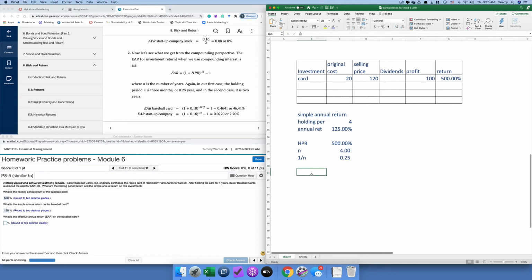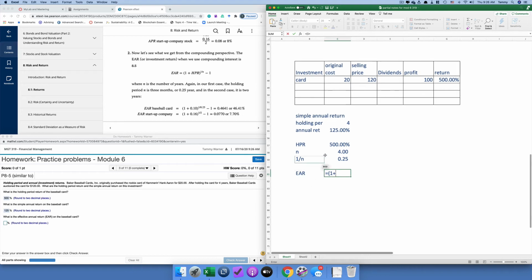Okay, so now let's go ahead and see if we can get this calculation to work. So equals 1, parentheses, 1 plus 500%, close the parentheses, to the power of 1 over n, minus 1.